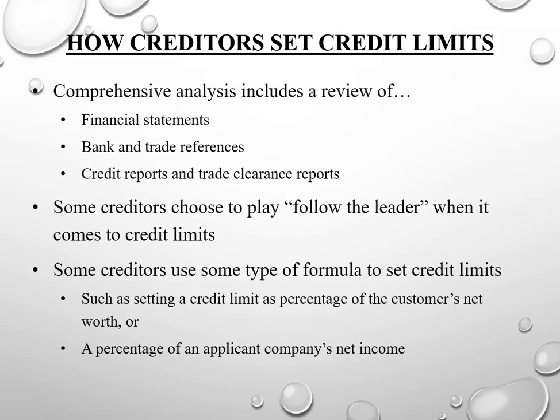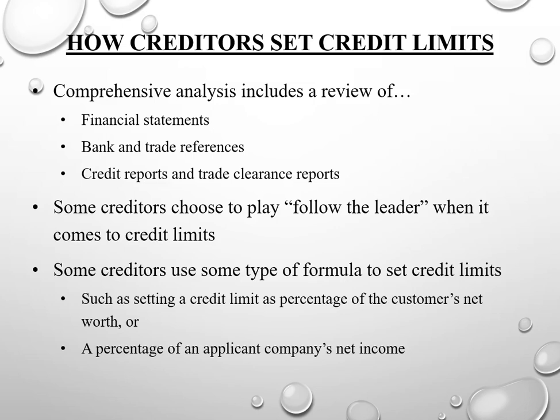Other creditor companies today use some type of formula to establish credit limits for existing customers as well as for new accounts. For example, they may use a formula such as this: the credit limit that we establish is a percent of the customer's net worth. So I've seen a number like this. The company may say, our credit limit is 5% of the customer's stated net worth or 10% of the customer's tangible net worth.